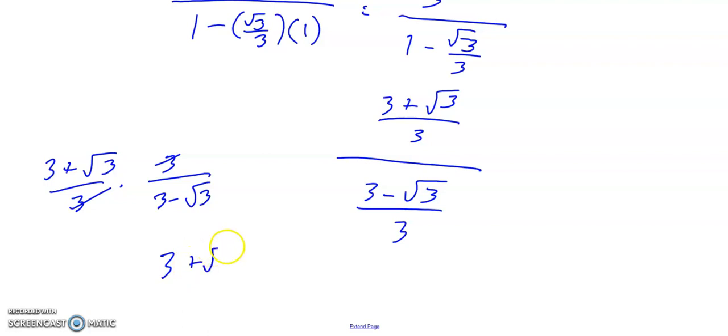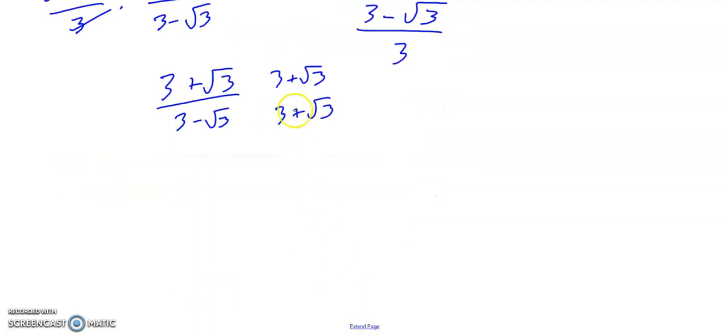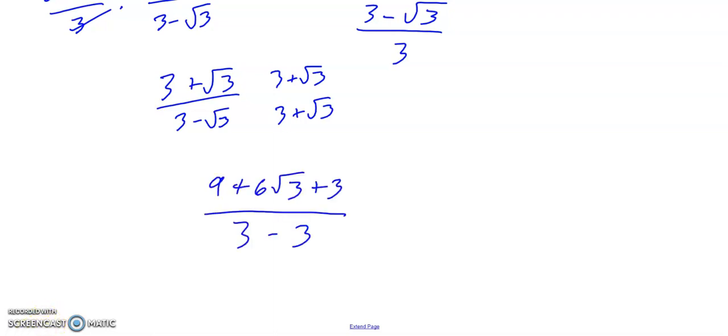So 3 plus radical 3 over 3 minus radical 3, multiply by, I'm changing the sign on the bottom, the denominator here, so I can get rid of the radical in the denominator. I'm hitting pause because I'm running out of time. So when I do my multiplying, I am going to get 9 plus 6 radical 3 plus 3 over 3 minus 3. It's actually 9 minus 3 because I forgot to square the first 3.